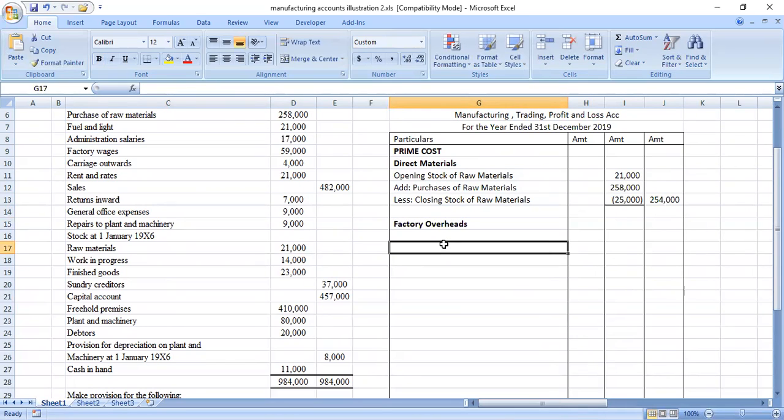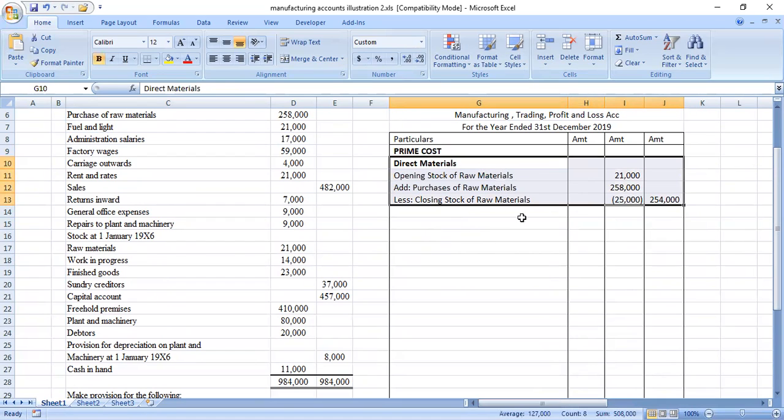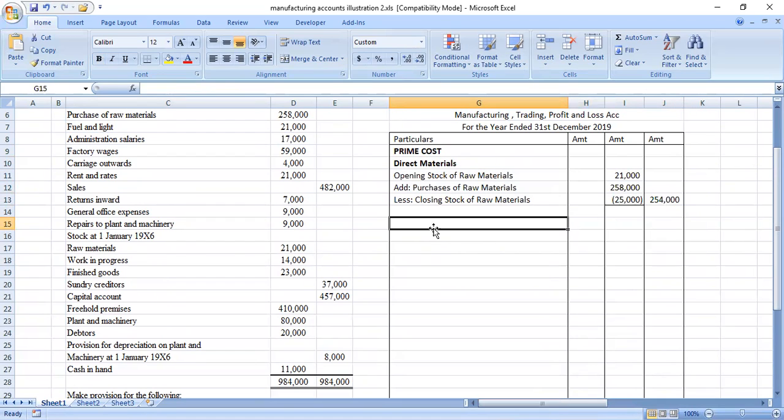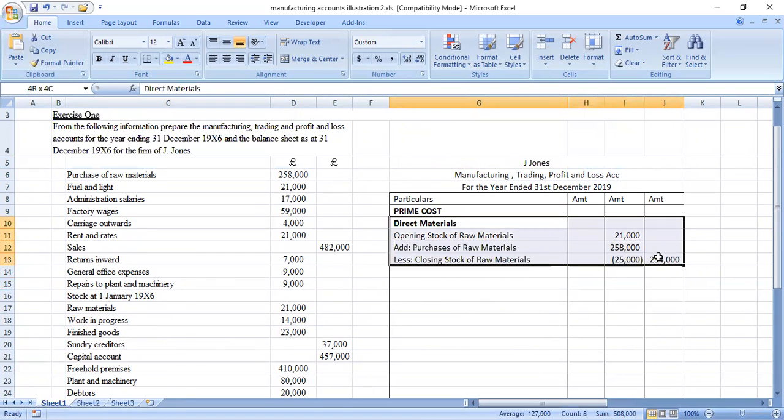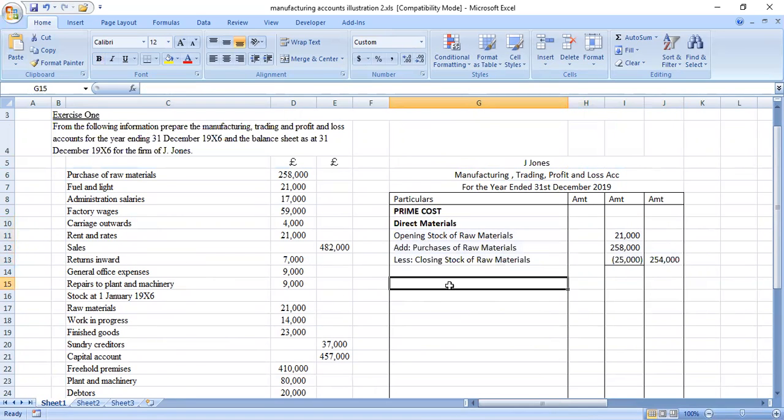Oh, there is something I forgot. We are still under prime cost. We have the direct expenses and the direct labor, besides the direct materials. So let's look for direct labor. Do you have direct labor?